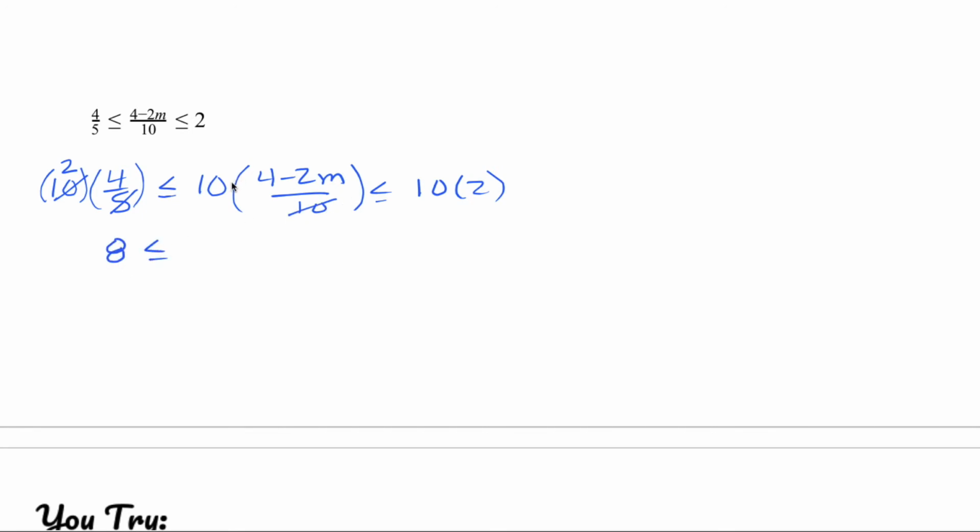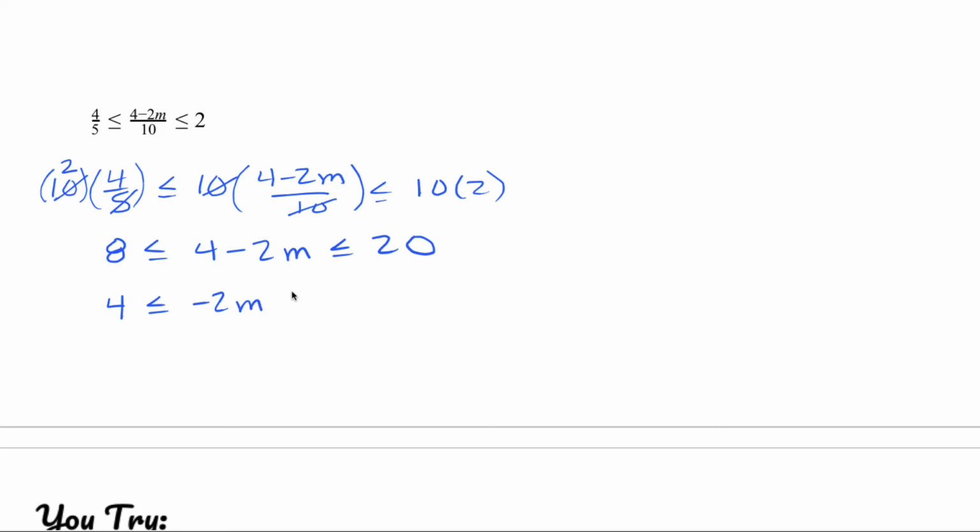This 10 and that 10 will undo each other, and so we have 4 minus 2m, and then we have 20, less than or equal to 20. So looking at this middle component where my variable is, I want to subtract 4 from all sides. So that becomes 8 minus 4 is 4.